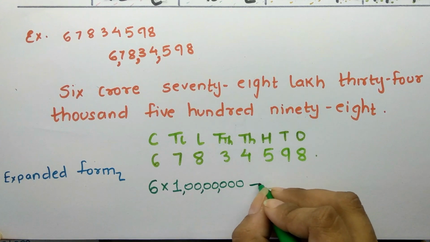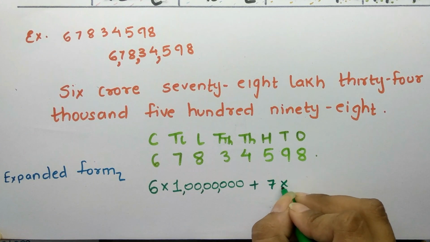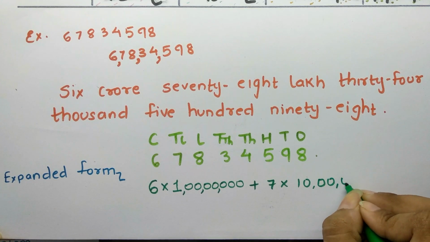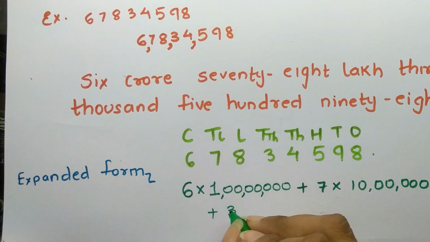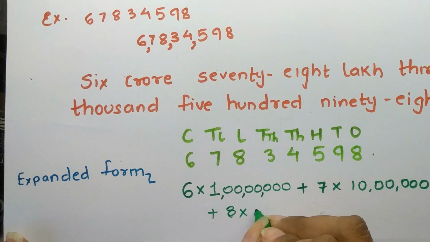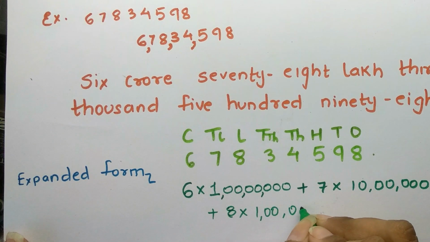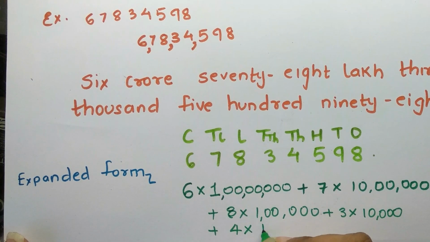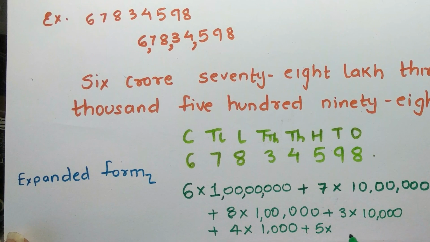So I have 1, 2, 3, 4, 5, 6, 7 digits. So I will simply write down 7 zeros after that 1. Continue doing this for each digit. So this is how you will write the expanded form. You will multiply the digit with their place values and add them up.